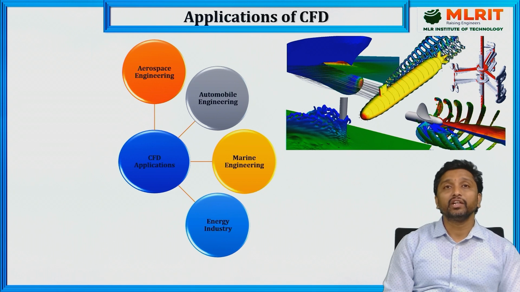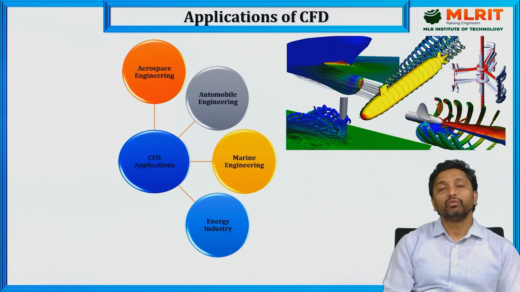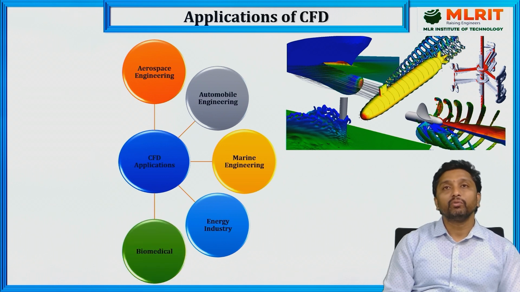Then we have the energy industry, especially wind turbines. Nowadays, wind turbines are very commonly used in most of the regions, especially hill stations, to generate high power supply, to extract energy from the wind. Then we have biomedical.